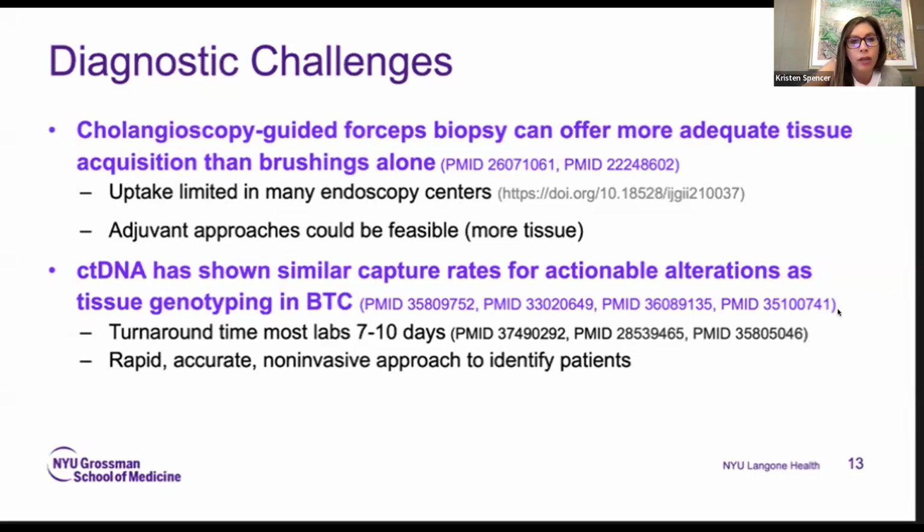And I took a look at a number of studies that were using a well-implemented ctDNA-based correlative strategy, not specifically in biliary tract cancer, but many of the studies that have led to FDA approvals in things like lung and GYN cancers. And all of them cited a turnaround time for most labs of 7 to 10 days. And so I think ctDNA offers the opportunity for rapid, accurate, and non-invasive diagnostics to identify patients.